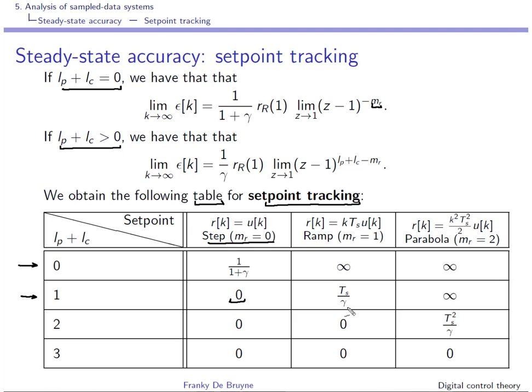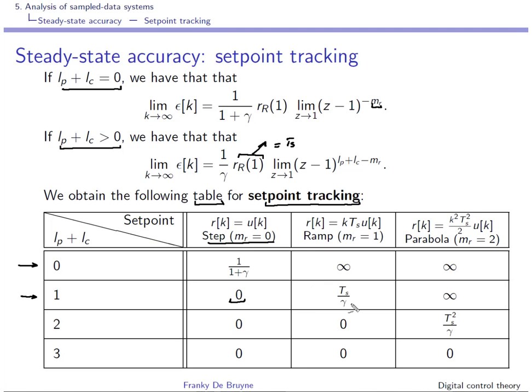If you try to follow a ramp signal with one integrator in the loop, from here you can see now that in this case LP plus LC minus MR will be 0, so you'll have here a non-zero steady state error. In the case of a ramp here, this one will be equal to TS.